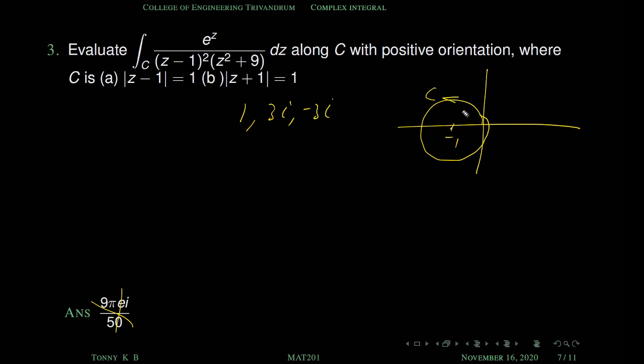All are outside the circle. 1 is here, minus 3i is here, and plus 3i is somewhere here. So all the singularities are outside the circle. That means this whole function is analytic inside and on C. So we can use our first theorem, Cauchy's integral theorem. By Cauchy's integral theorem, if a function is analytic inside and on C, then the integral is 0.